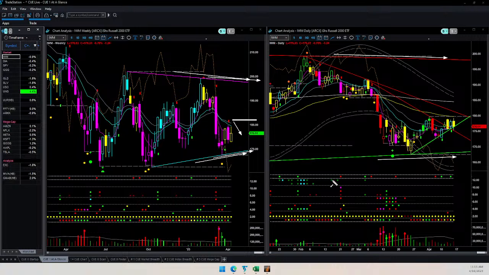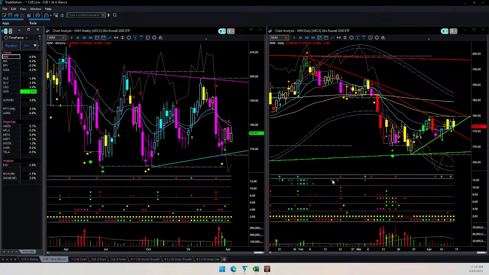This is the weakest of the market ETFs. None of them are telling me to buy. Now QQQ is the strongest, and it is probably because of the mega caps holding up better.